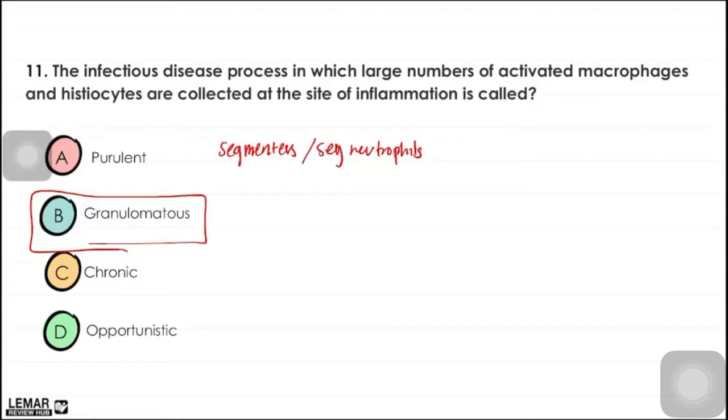So if the infective agent is not removed by these neutrophils at the purulent stage, this will be followed by the mononuclear inflammatory cells, which will now invade the area, and this will lead to chronic infection.